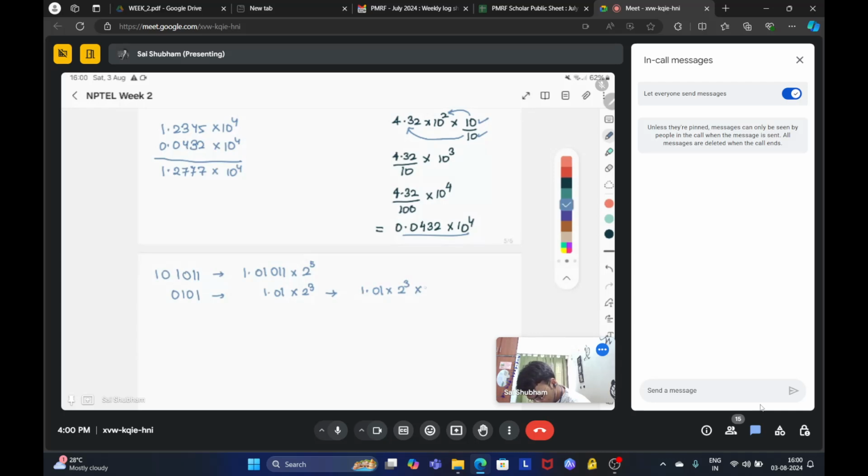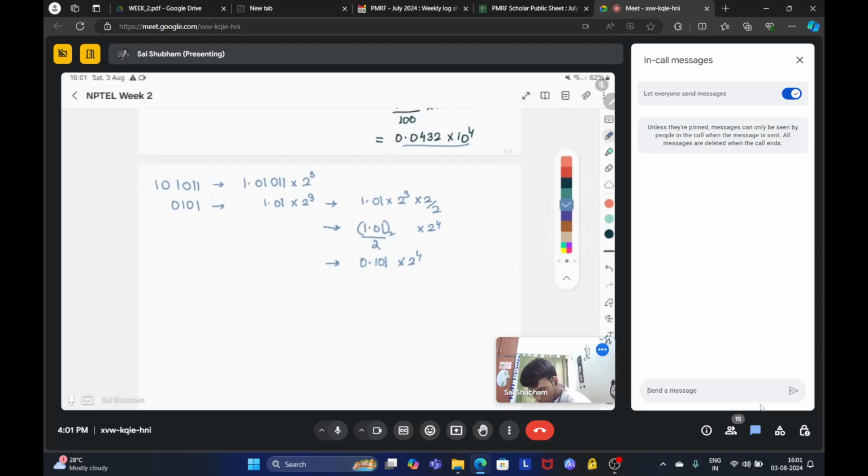So this will be 1.01 into 2 power minus 1 into 2 power 4. When we divide 1.01 in binary by 2, there will be a right shift operation, so it will be 0.101 into 2 power 4. Now we will perform the same thing again, multiplication by 2 and division by 2; the multiplied 2 will contribute to the exponent and the division will perform the right shift, plus 1 in the exponent.